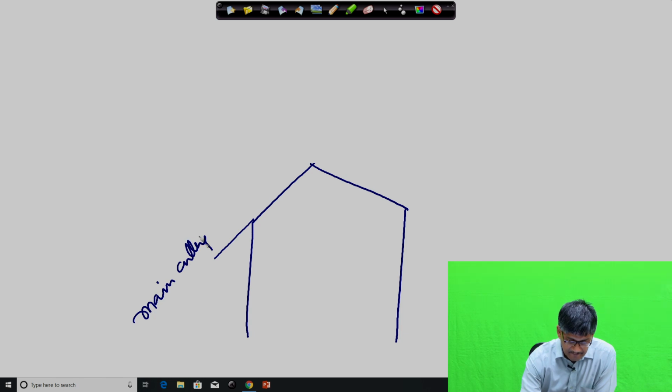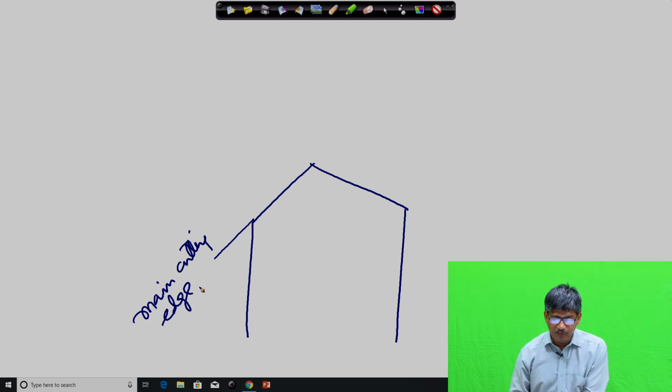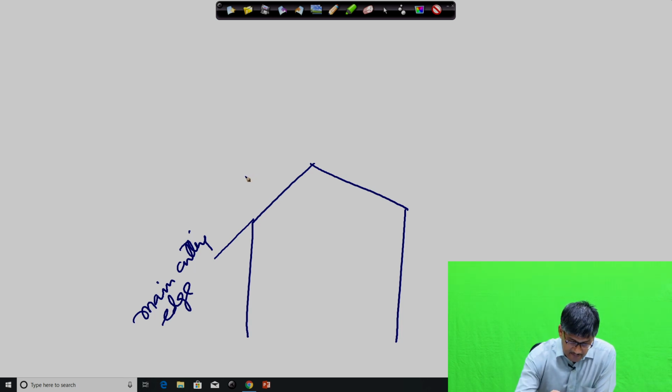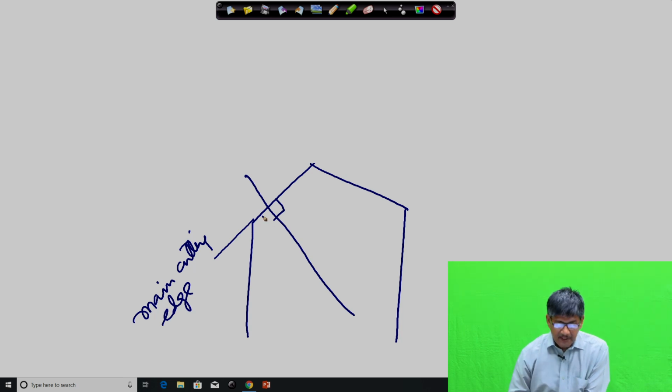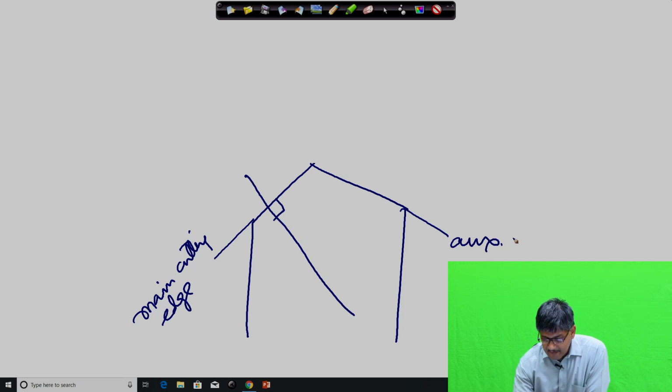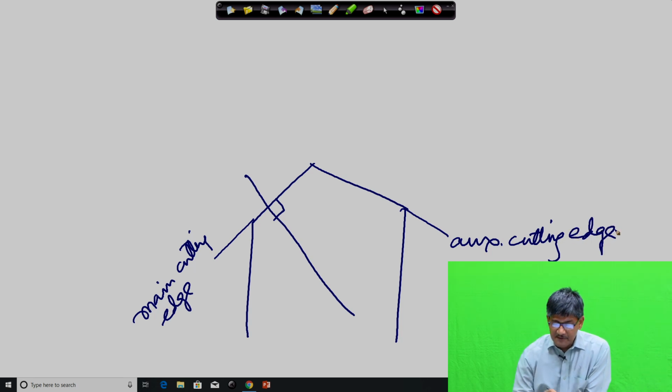And if I want to take a view at the orthogonal rake, that means connected with the main cutting edge, I take a perpendicular section. So, if this is the auxiliary cutting edge, I must be taking a perpendicular section of this one.